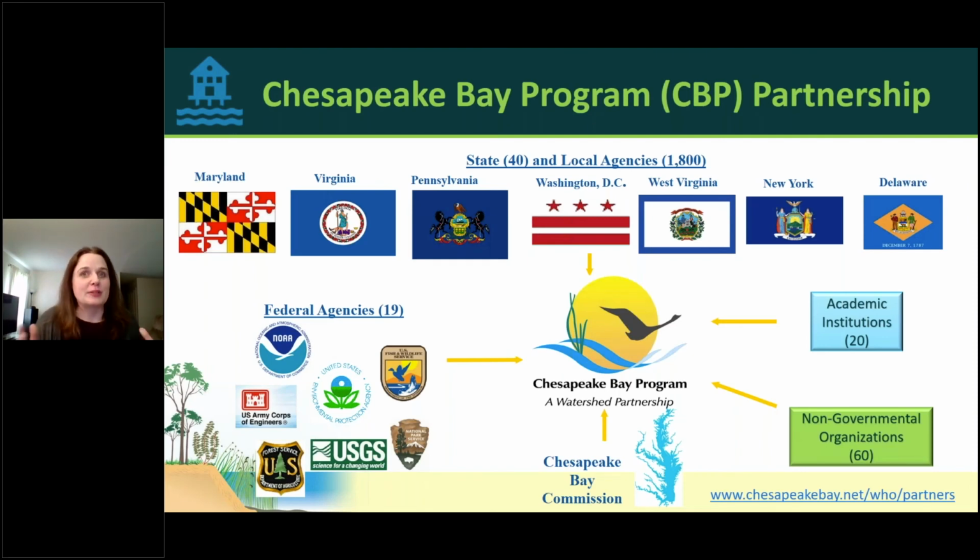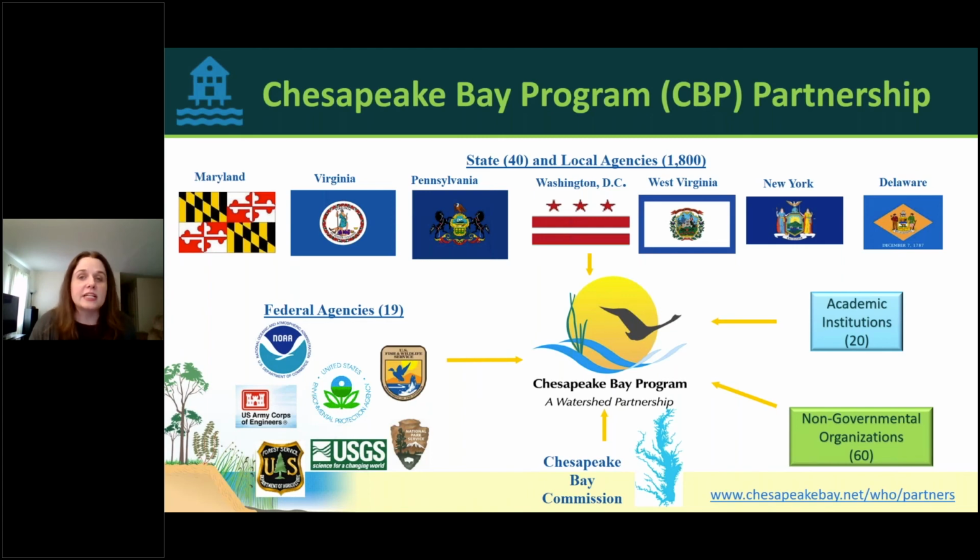Now, as I mentioned, the Chesapeake Bay watershed encompasses many jurisdictions, many states and local areas. So in order to tackle this pollution problem, we decided to use a partnership effort. I'm always impressed by this partnership because it encompasses a lot of state agencies, local agencies, academic institutions, non-governmental organizations, and federal agencies.